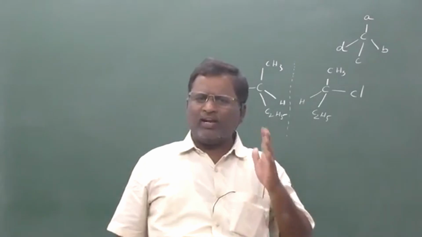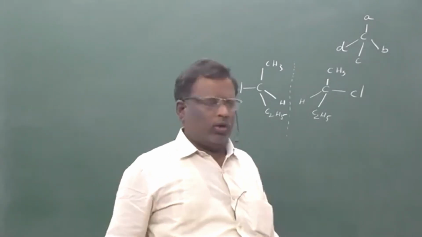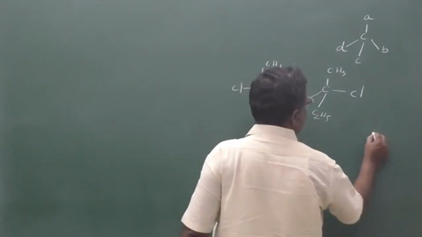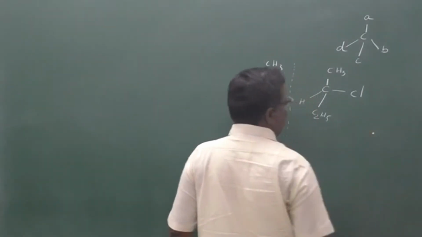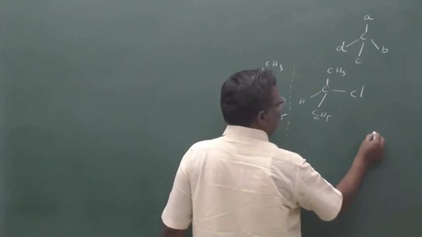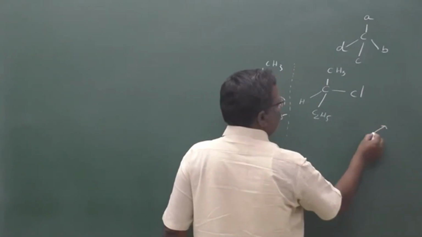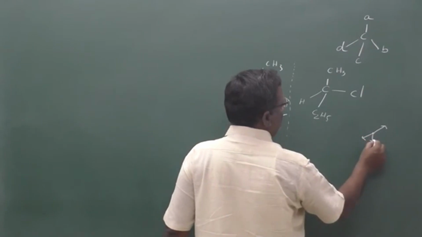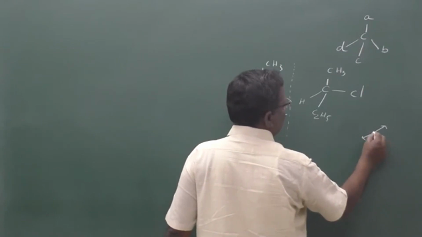Now what is plane of polarized light? We know that when a light ray is passing, a normal light ray, these electromagnetic radiations will be distributed in all directions like this.